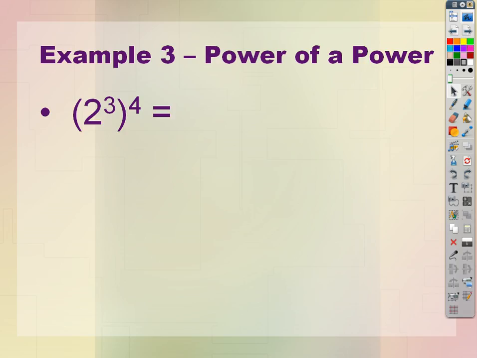What about this? 2 to the 12th. How can I figure it out? You'll know these pretty quick. 2 to the 1 is 2, 4, 8, 16, 32. 2 to the 6th is 64.